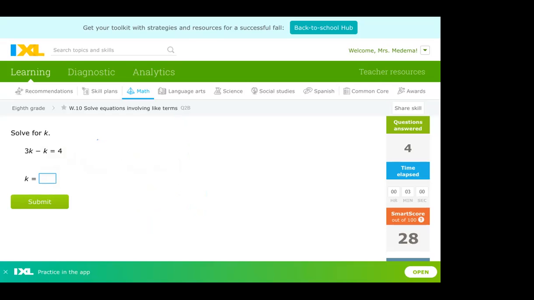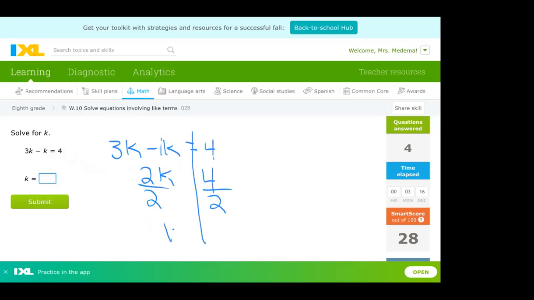All right, we have 3k minus k equals 4. So in front of that k by itself is a 1, and 3 minus 1 is 2k. Bring down the 4, divide by 2, k equals 2.